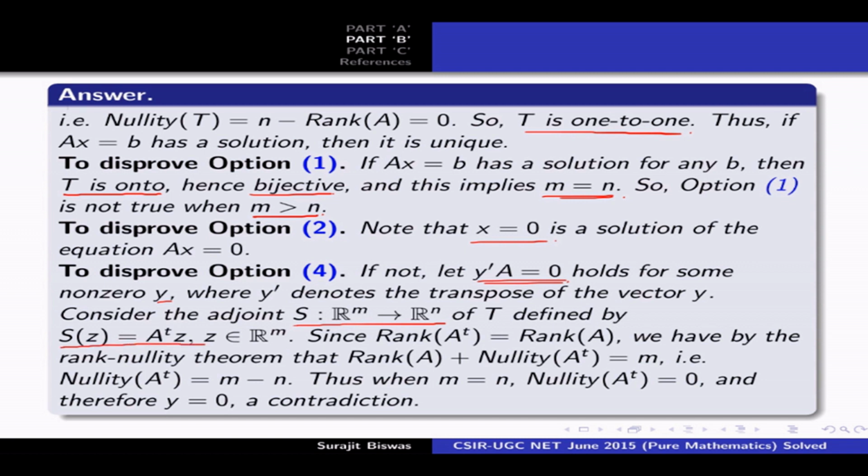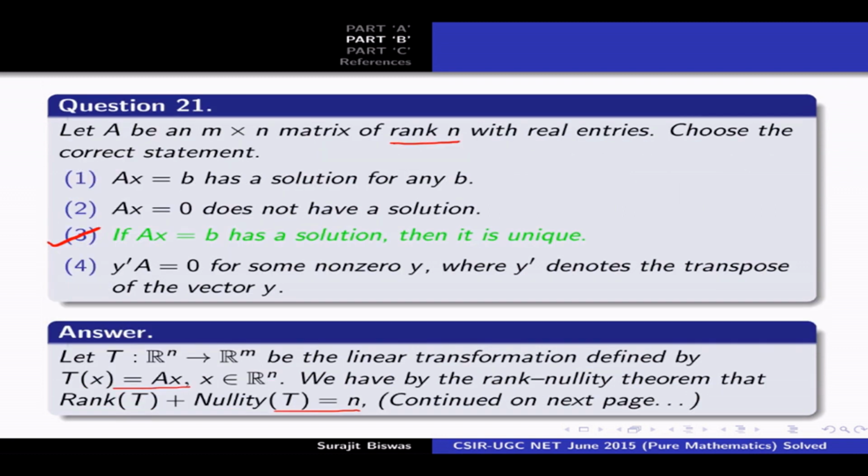Since rank of A transpose equal to rank of A, we have by the rank nullity theorem that rank of A plus nullity of A transpose equal to m, that is nullity of A transpose equal to m minus n. So when m equal to n, nullity of A transpose equal to 0, and therefore y equal to 0, a contradiction. Okay, this settles question 21 with the correct option 3.